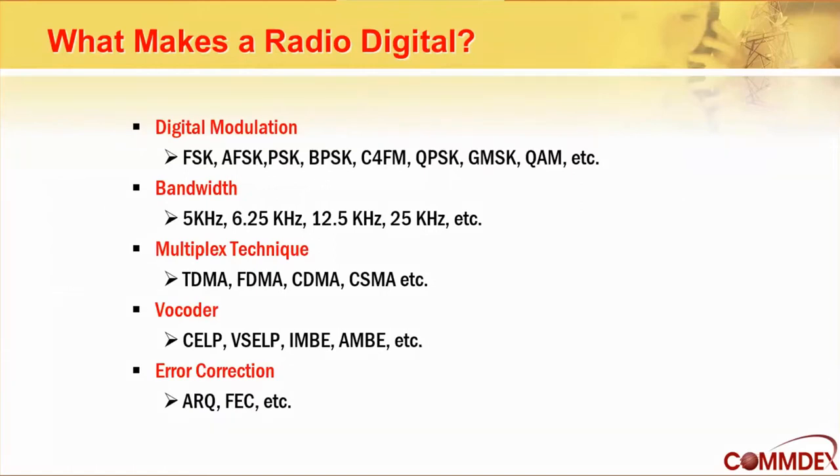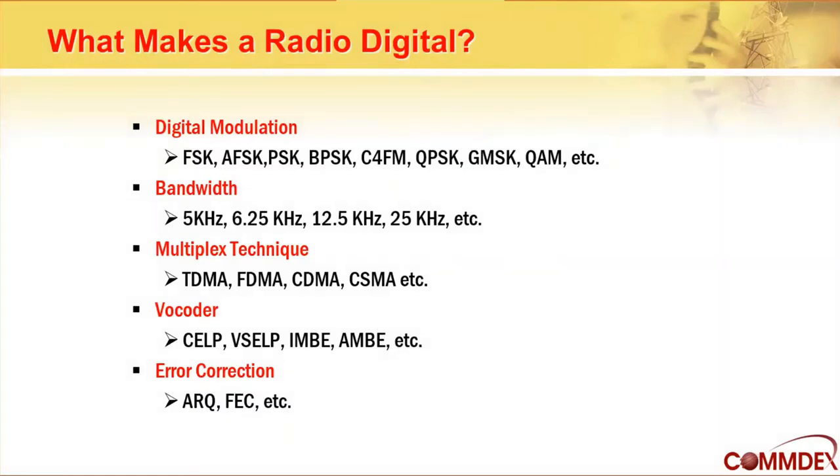It's going to require a specific type of multiplex technique to get multiple users on the channel. It's going to have a vocoder to turn analog voice into digital. And it's going to employ some form of error correction so that we can have that enhanced coverage due to error correction.